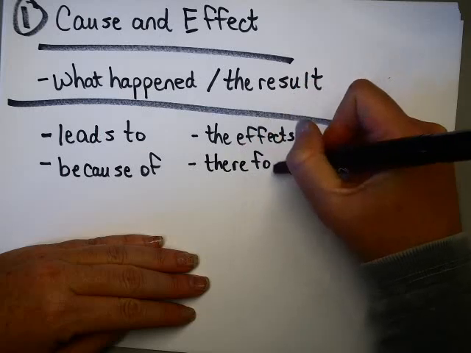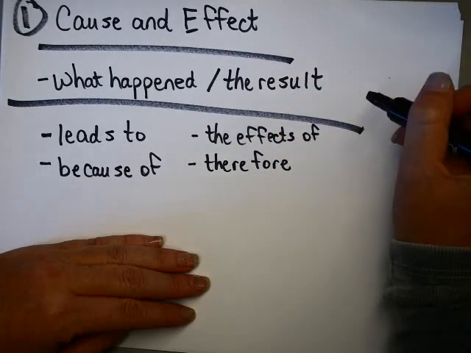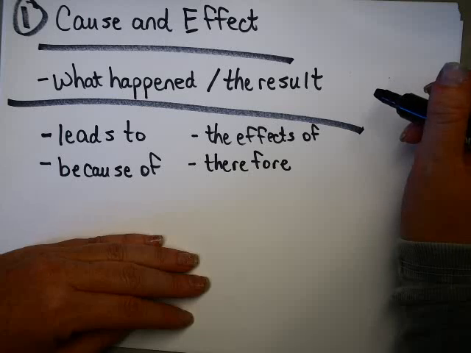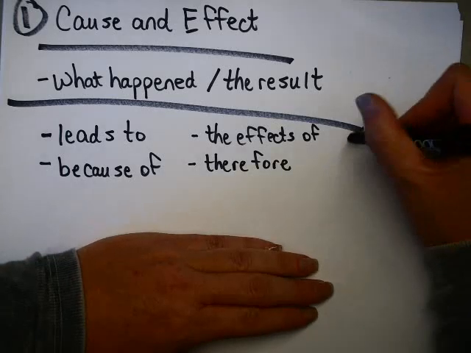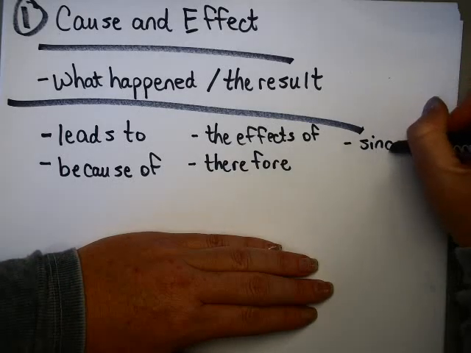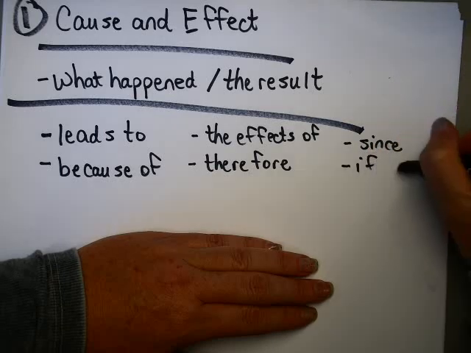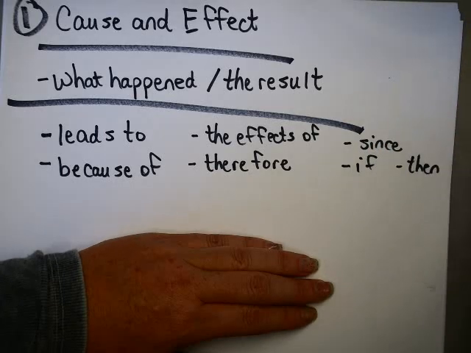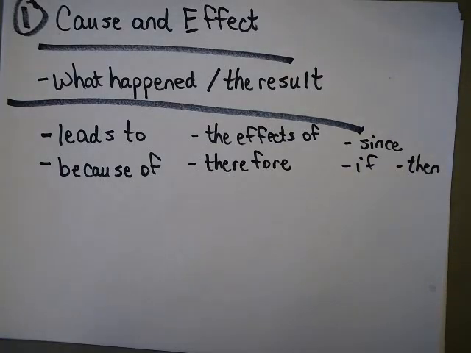Hey, there's one of our conjunctive adverbs. Semicolon, adverb, comma. Remember that? Good, you should. Since, if, then. Lots of different words, but those are probably some of the most commonly used ones.